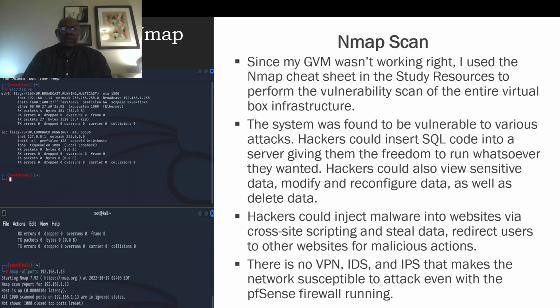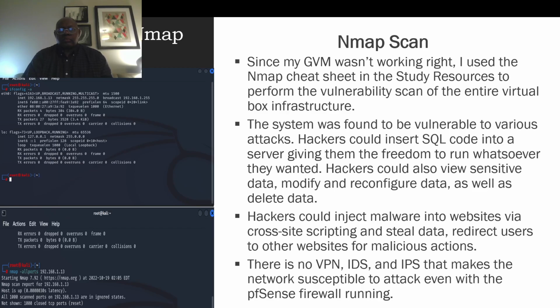The result of my vulnerability scan on the VM that I set up on my computer: I used the Nmap scan since my GVM wasn't working right. I used the cheat sheet in the study resources to perform the vulnerability scan of the entire VirtualBox infrastructure.